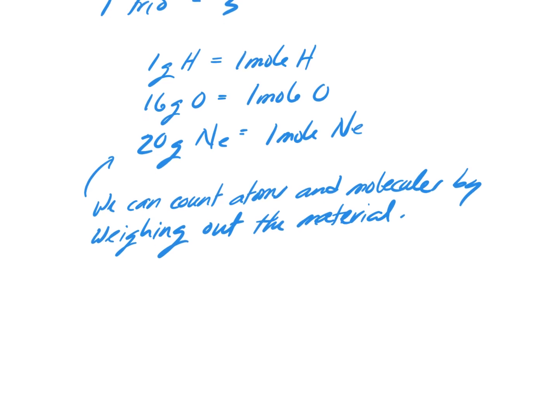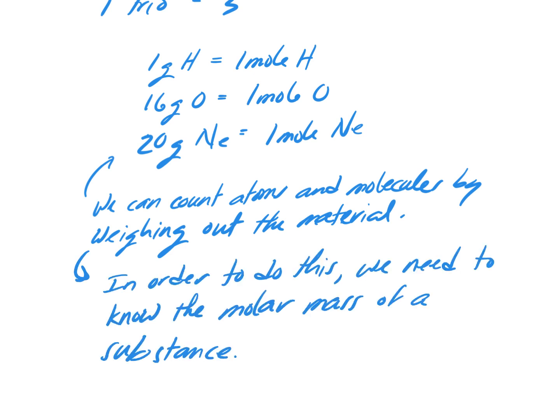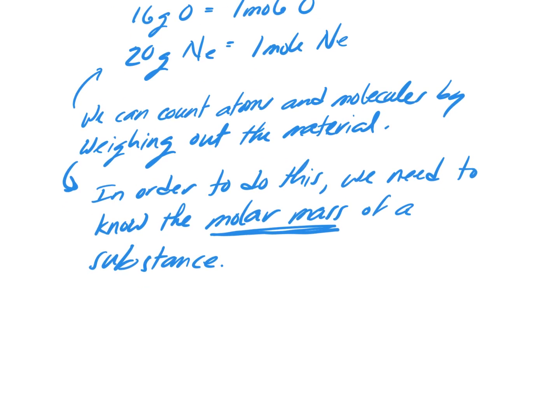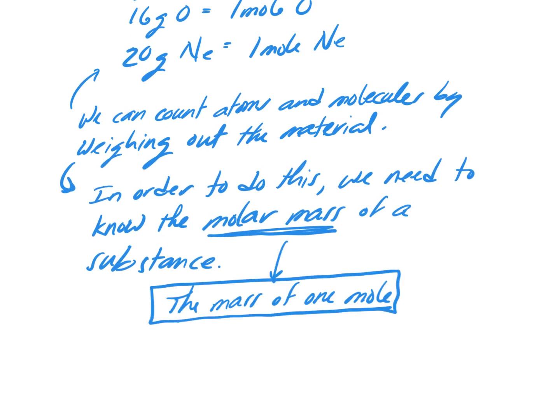In order to do this, we need to know the molar mass. I'm going to write that down. We need to know the molar mass of a substance, the mass of 1 mole of a substance. So write that down: the mass of 1 mole of a substance is the molar mass.